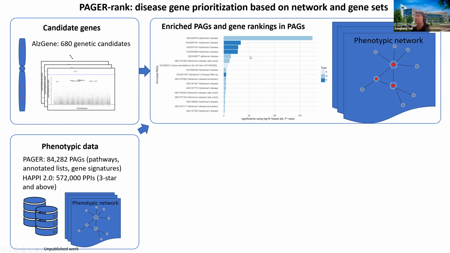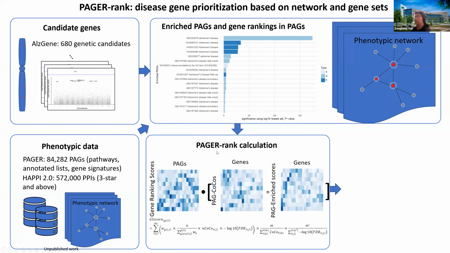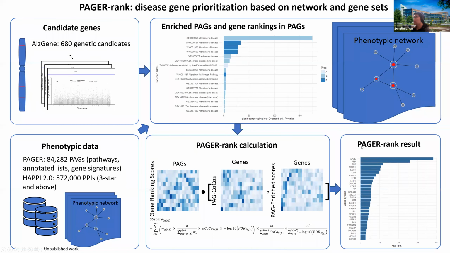Therefore, we can do the enrichment analysis, get those highly relevant terms, and infer the score of the genes by using the PAG-CoCo score, which is the quality control of the PAG, and the PAG enrichment score, which is the negative log-transformed p-value. We also consider the gene weights in the individual network in the sub-PAG here. Therefore, we can give a PAGER-rank result.